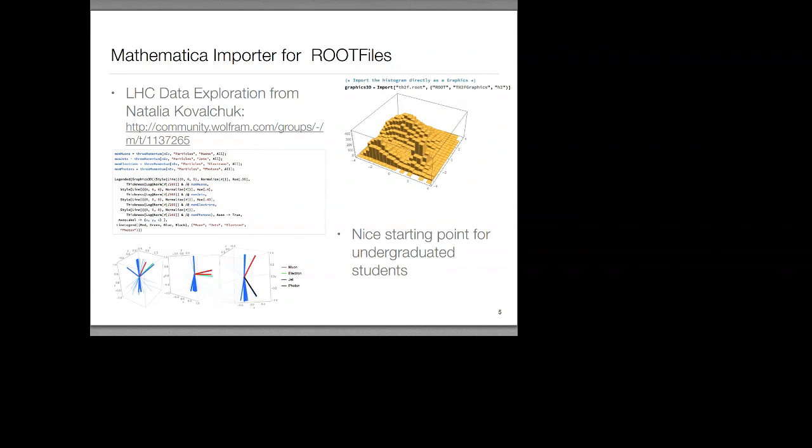But the problem here is that when we produce those readable TXT or ROOT files, they are still quite large to read with Mathematica. It takes quite a long time. So it is necessary to do some kind of preselection, because Mathematica cannot read a very huge amount of data. Also it is not possible to store a lot of data.